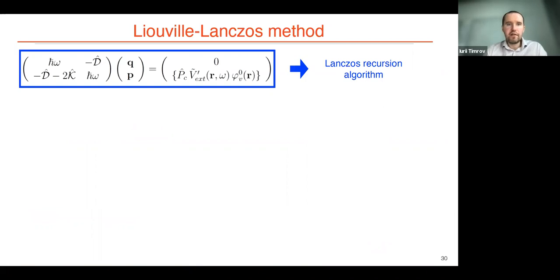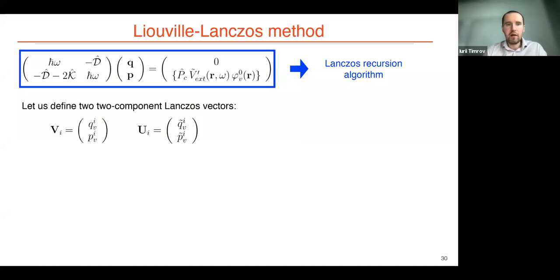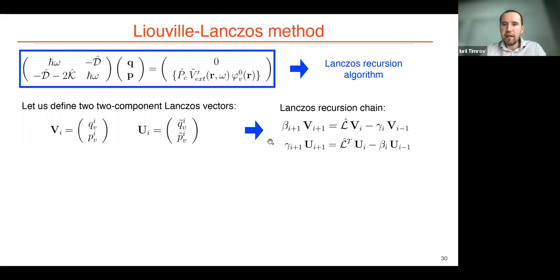And finally, to solve this matrix equation in practice, as I said, we use the Lanczos recursion algorithm. We introduce two-component Lanczos vectors, capital V, which depends on Q and P, and capital U, which depends on Q tilde and P tilde. We write down the Lanczos recursion chain, where these vectors V and U at iteration i+1 are obtained from their values at iteration i and iteration i-1.